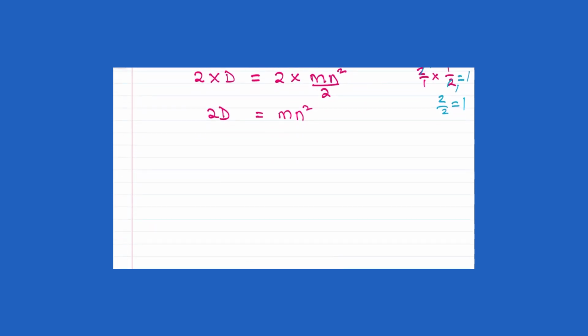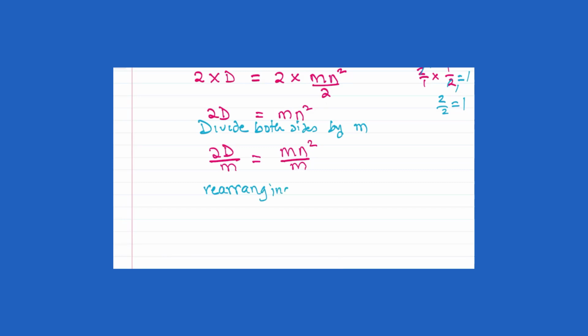So we have 2d is equal to m n squared. We are going to divide both sides by m. So that gives us what? We have 2d over m, and then m n squared over m. And we can rearrange as well so that we have the formula in the right order.